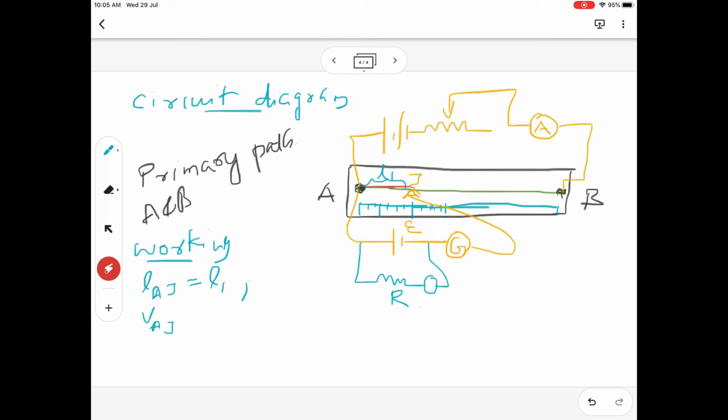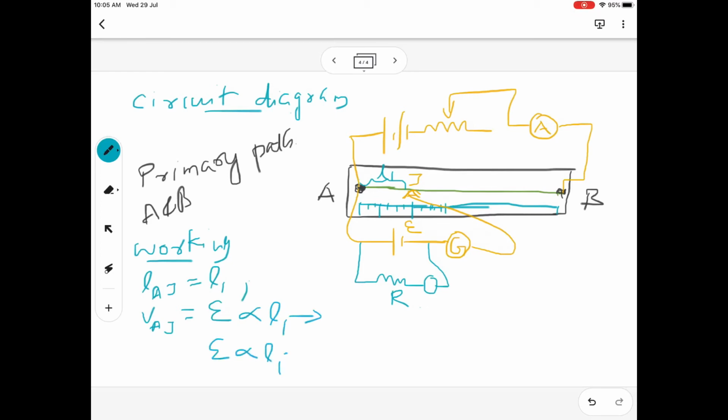The cell here is connected between A and J through a galvanometer, which is a passive component only. So as the wire portion across which only the cell is connected, whatever VAJ is, the same will be for the EMF of the cell.